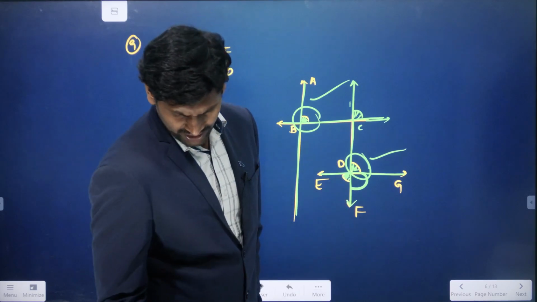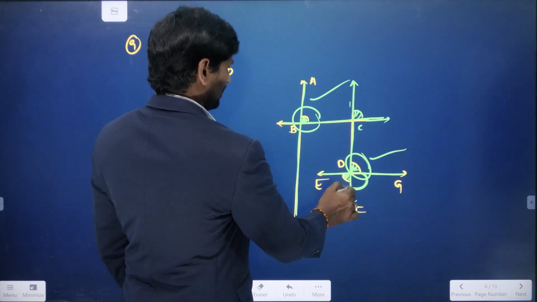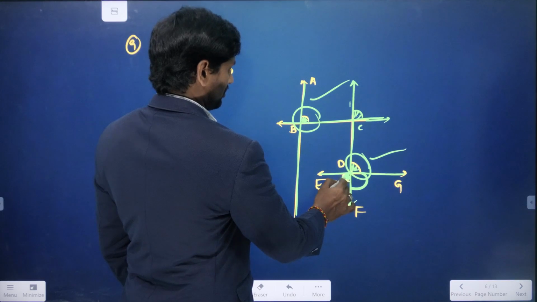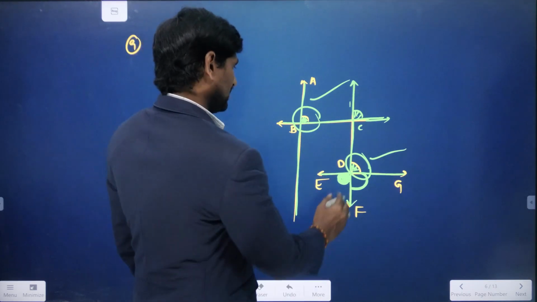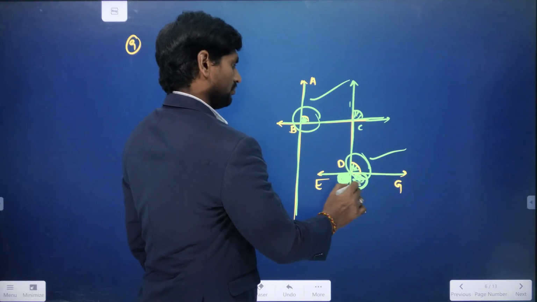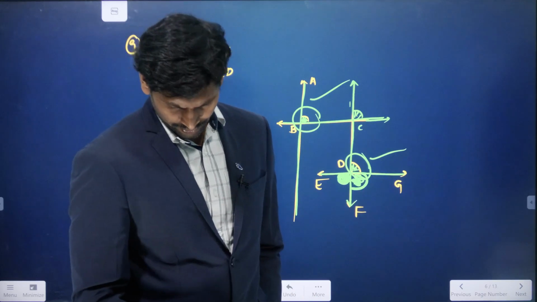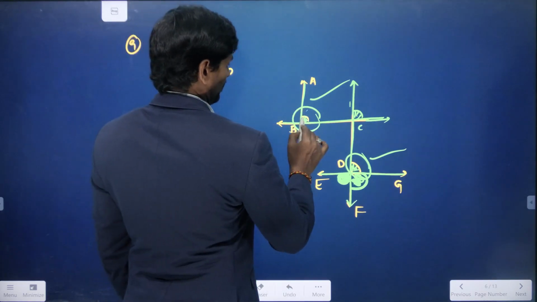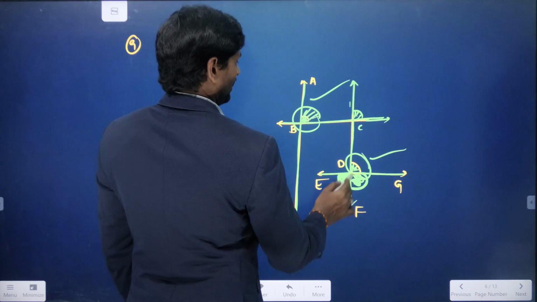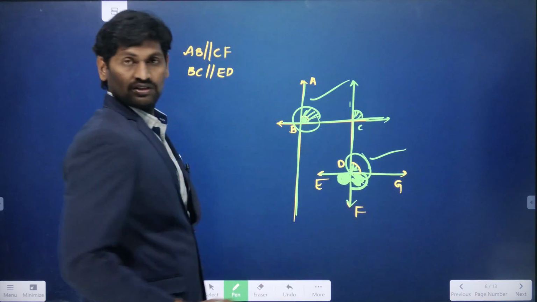FDE means this one. FDE is equal to FDZ? FDZ, no. Both are not equal. Now ABC, FDZ. ABC, this one. ABC, FDZ. No, both are not equal.